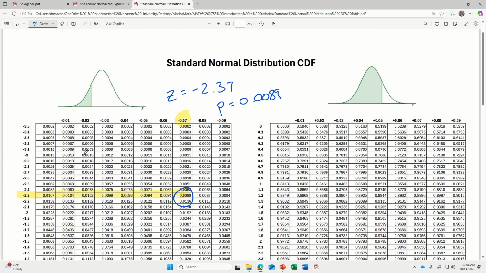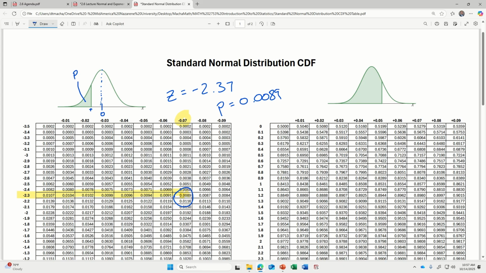And on top of this page, there's a little picture which says, if this is the mean, that's a z-score of 0, right at the mean, because I'm subtracting mean minus mean, so I get 0. Maybe this is the z-score of negative 2.37, and this table is telling us about the area under that curve.